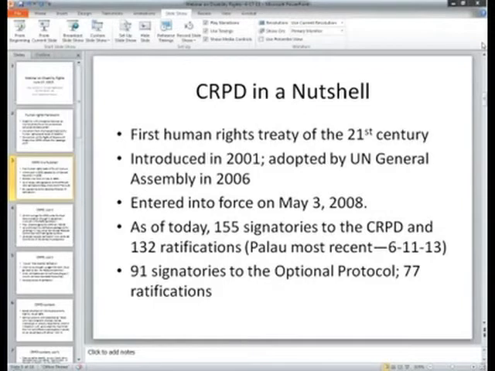So the CRPD had a remarkably quick development, remarkably quick for actions of the United Nations or at the international level. It was proposed in December of 2001 as a human rights treaty. It had a number of drafting sessions that occurred over approximately 5 years.